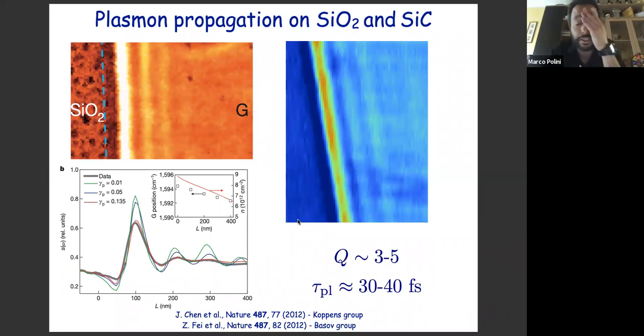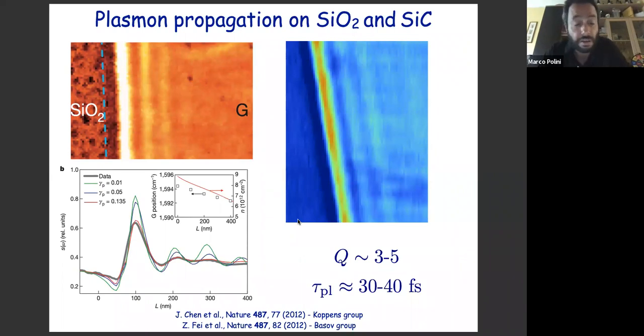I mean, for a comparable compression ratio, nothing compared to how lossy a noble metal is, so much less lossy than a noble metal. Plus they are tunable, because you can change by electrical field effect the density in your 2D system. And so you can achieve a broad spectral range by just doing electrical field effects. But we are talking about lifetimes on the order of 30, 40 femtoseconds.